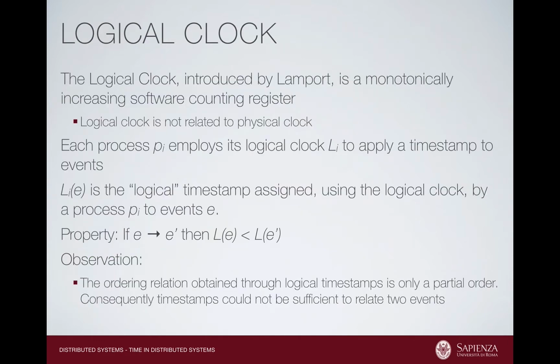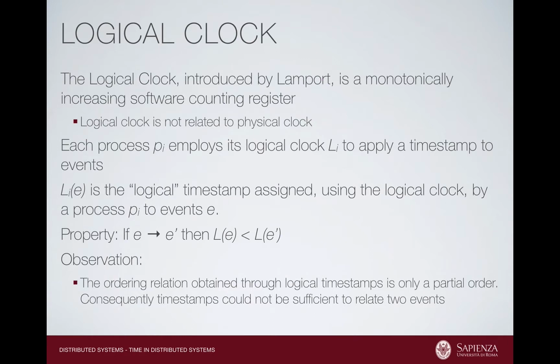And now what we have to do is create something called a logical clock, which was also invented by Lamport. These allow us to timestamp events. This timestamp will have a special property: if an event E happens before E prime, then the timestamp of E will be less than the timestamp of E prime.